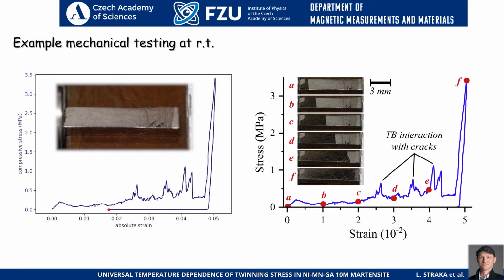And I would like to emphasize that we really care about these kinds of problems, this crack interaction or boundary-boundary interactions. The twinning stress is determined as the position of the plateau when there were no problems.